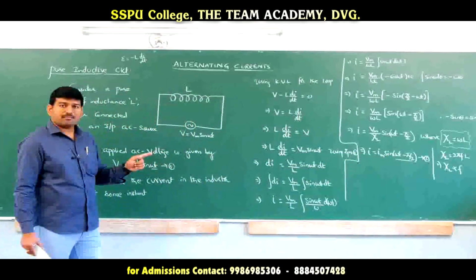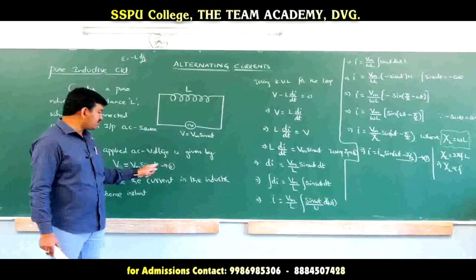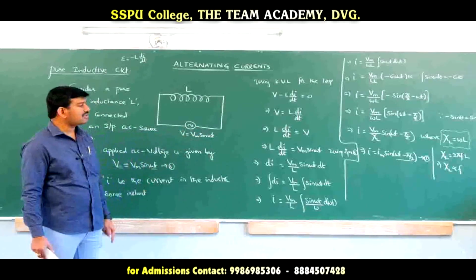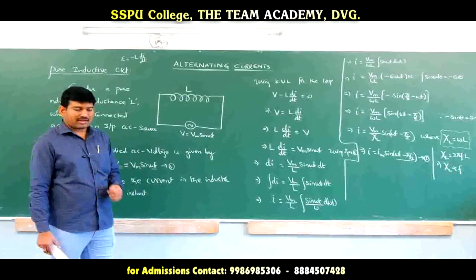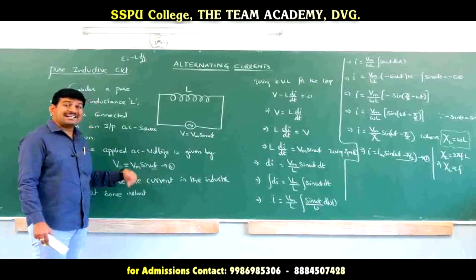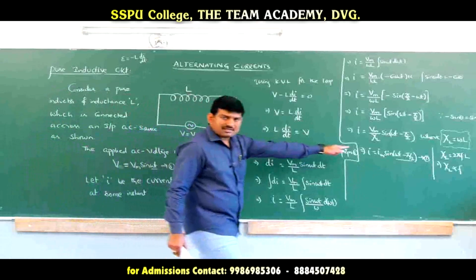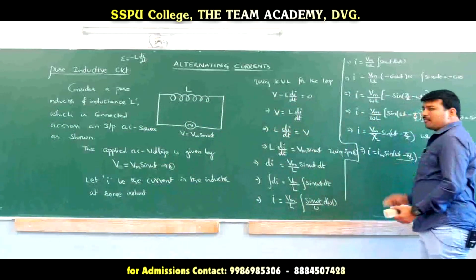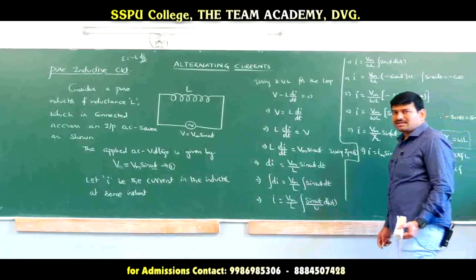Compared with this sine term, the π/2 term, its value is more. ωt is how much more than ωt minus π/2? π/2 more. Therefore, this function is leading this function. That means voltage is leading current by how much? By a phase of π/2 or 90 degrees.